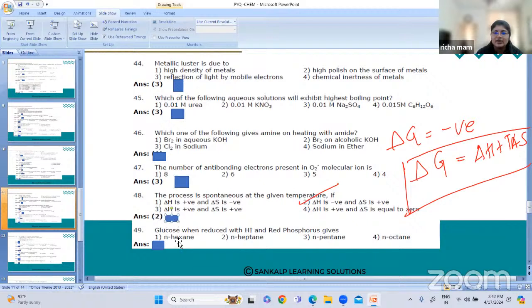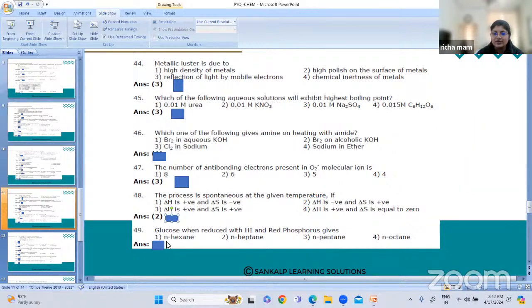Glucose when reduced with HI and red phosphorus gives you. This is there for you in biomolecules, in the elucidation of the structure of glucose. What will you get? Not octane.